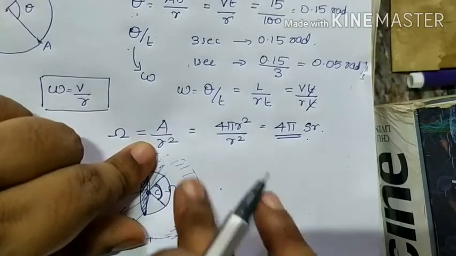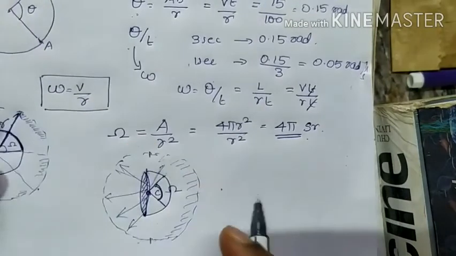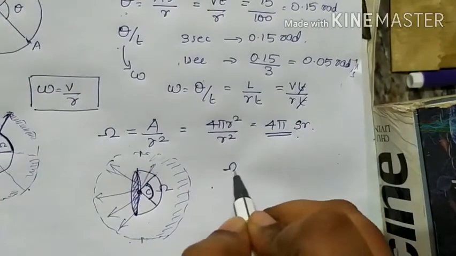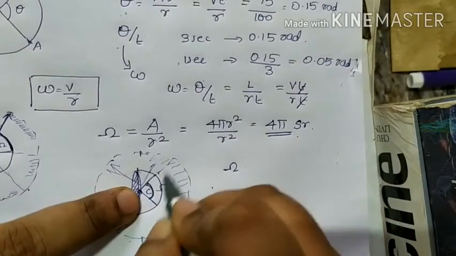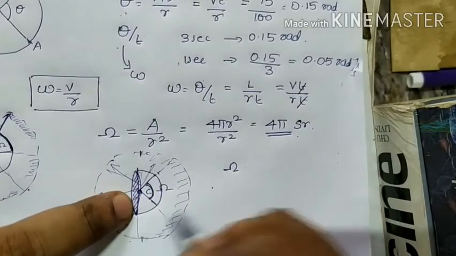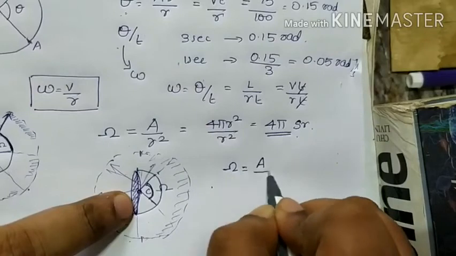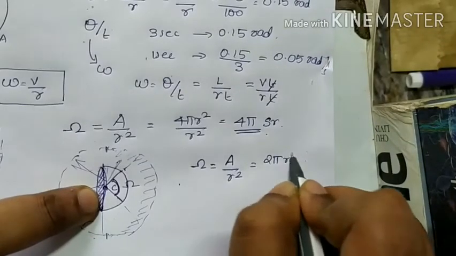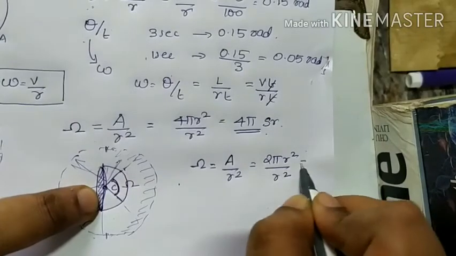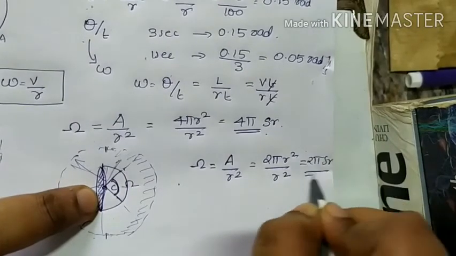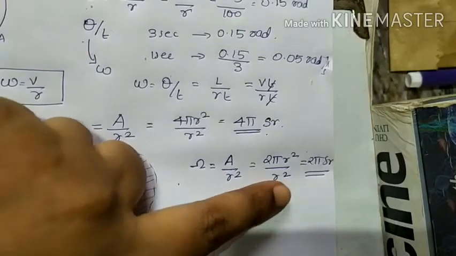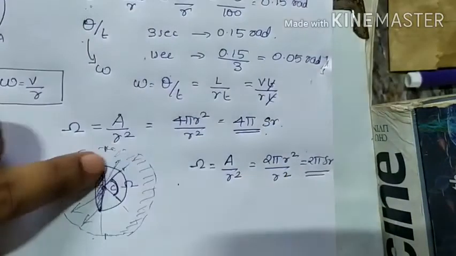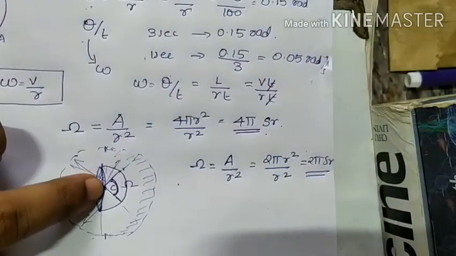Only this much portion, or I can say only half the part. Steradian, area by r squared. Area is only half the part, which is 2 pi r squared by r squared, or it is 2 pi steradian. So the hemisphere is only subtending an angle of 2 pi steradian at the center.